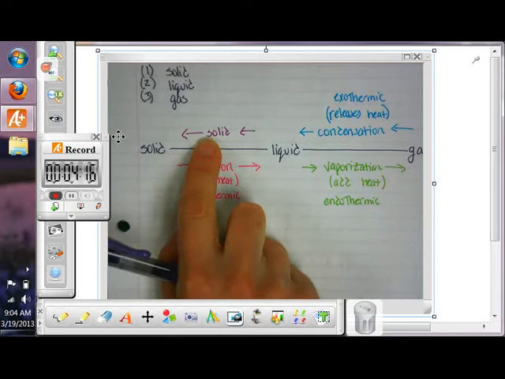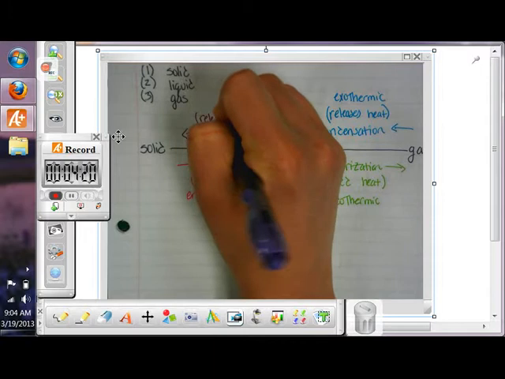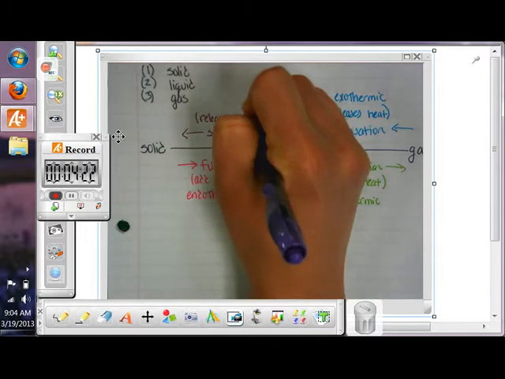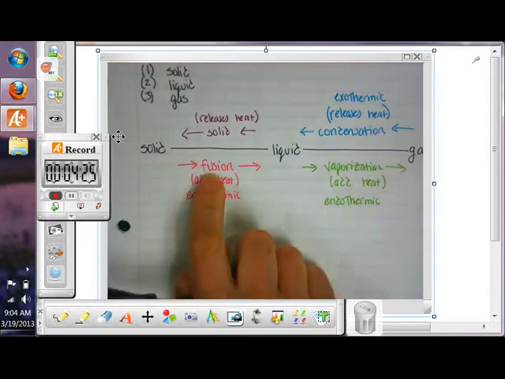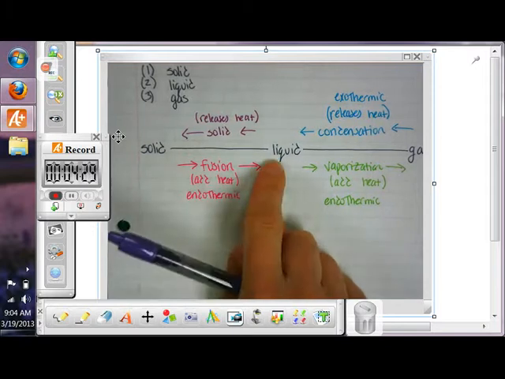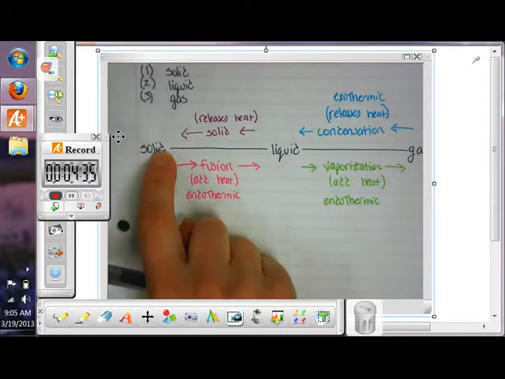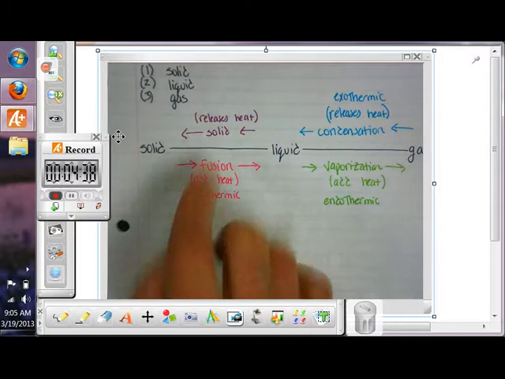That's what it's called. And it also releases heat. Notice it's the opposite of fusion. To go from a solid to a liquid, that's called fusion. You had to add heat, so it's endothermic. So do the opposite of that, go from a liquid to a solid, that releases heat, which is exothermic.